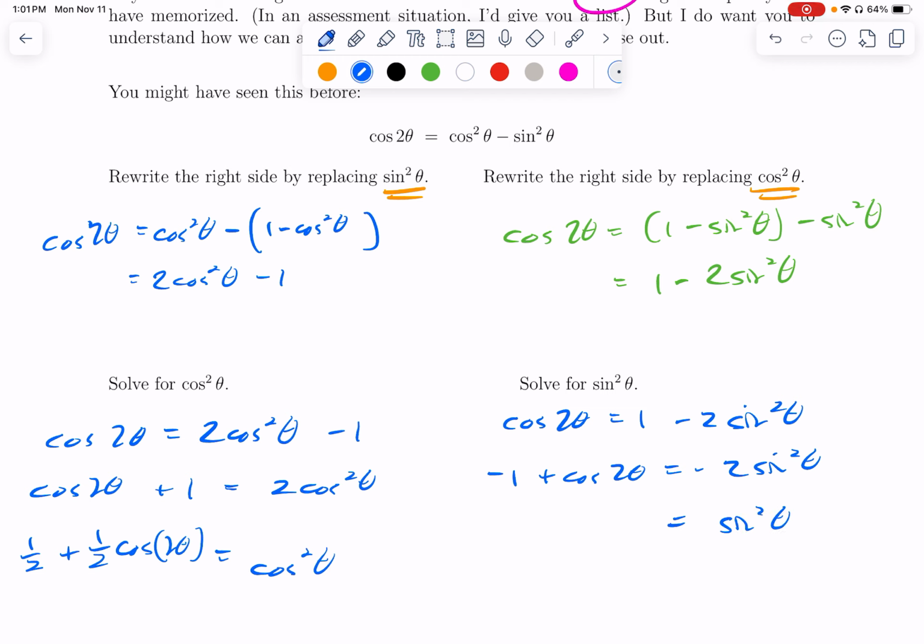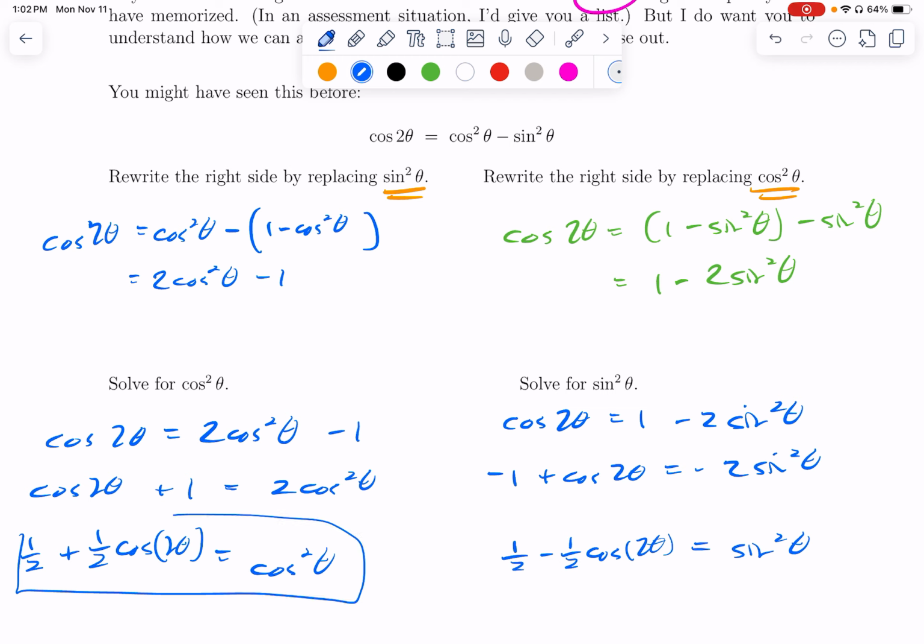And I have sine squared theta equals, sorry, let me write this better. Divide everything by negative 2. So I have 1/2 minus 1/2 cosine 2 theta equals sine squared theta.